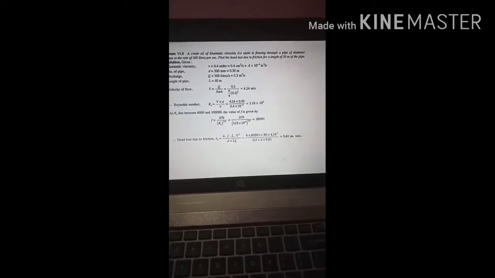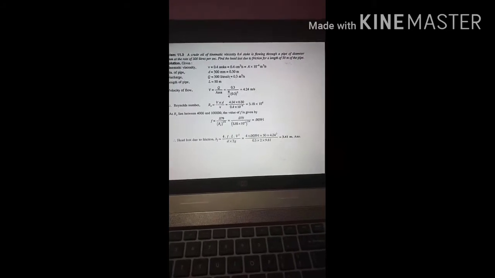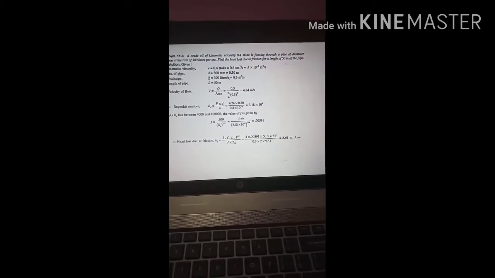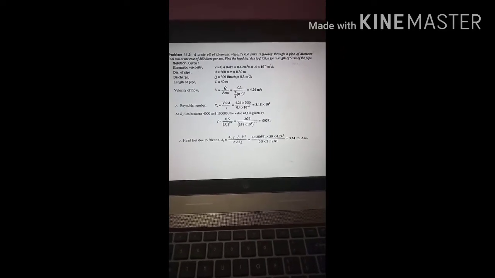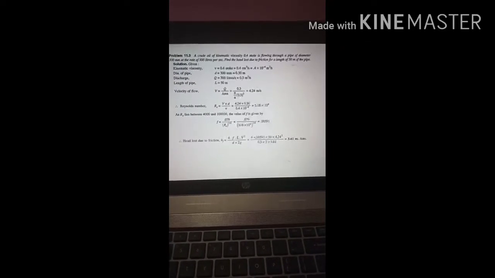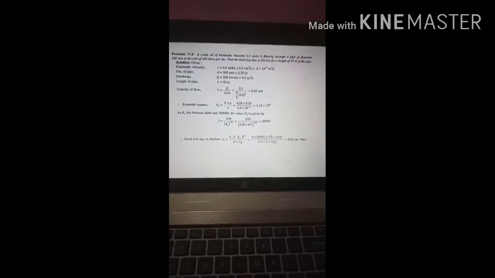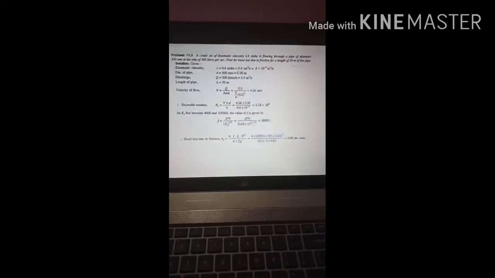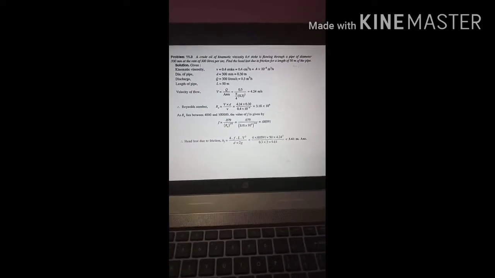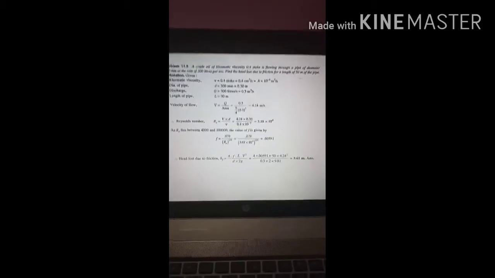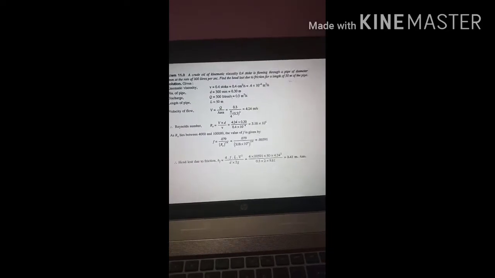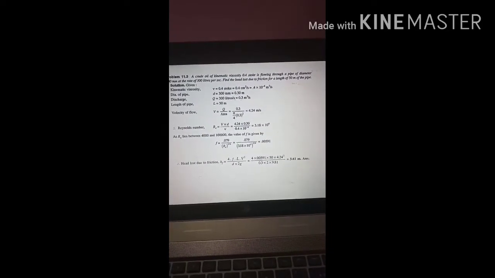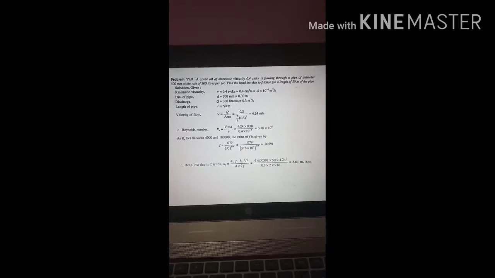So velocity is discharge upon area, it is coming as 0.3 upon pi by 4 into 0.3 square. It is 4.24 meter per second. Reynolds number, you know, is rho Vd by mu. But here mu by rho, we know, is nu. So you can also write the formula as Vd by nu. And it is coming as 4.24 into 0.3 upon 0.4 into 10 raised to minus 4, which is 3.18 into 10 raised to 4.